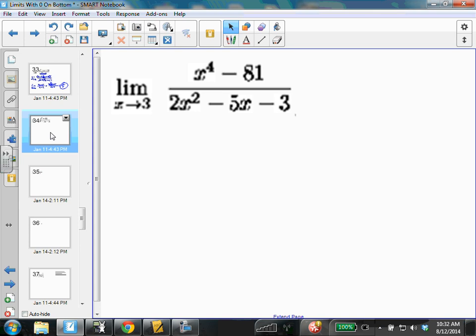Squared is 9 times 2 makes 18 right here in the front.